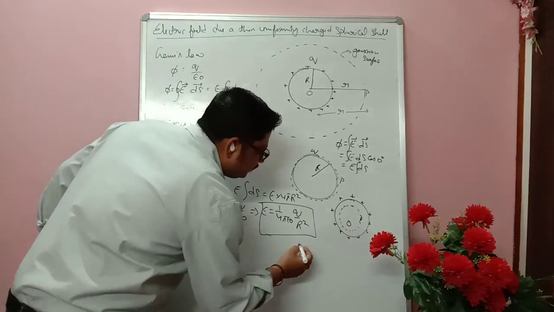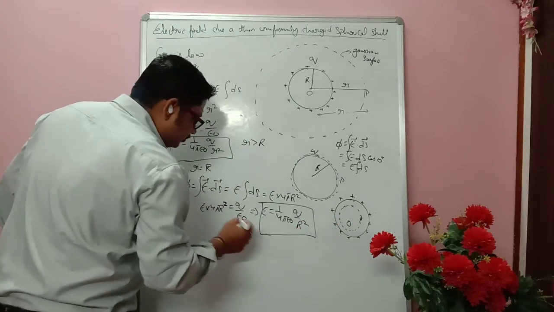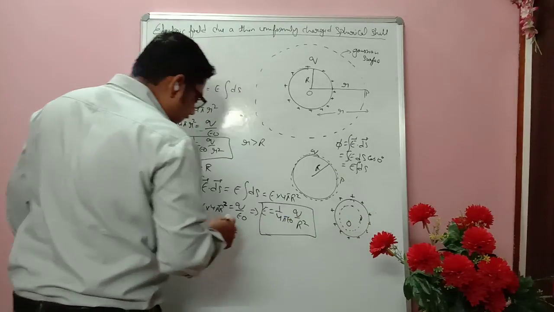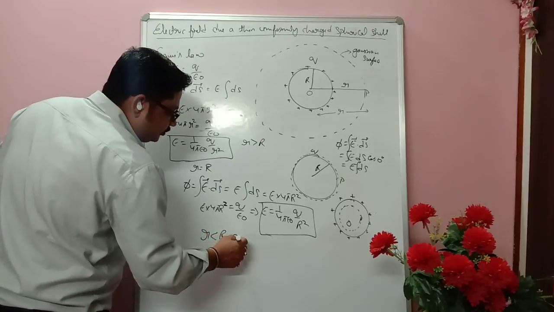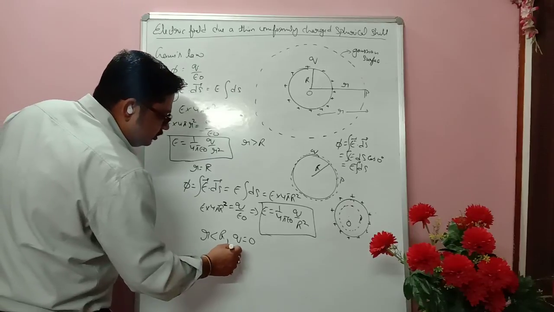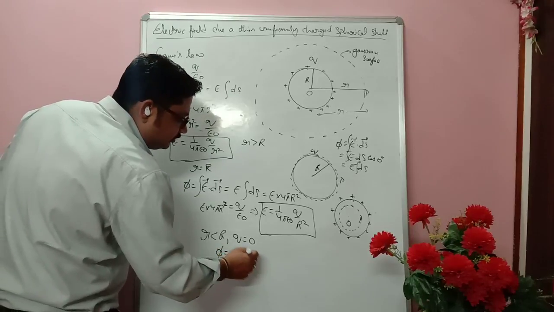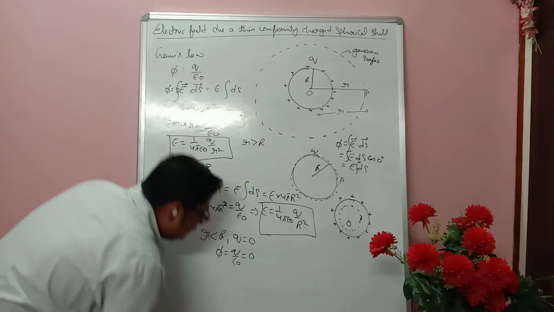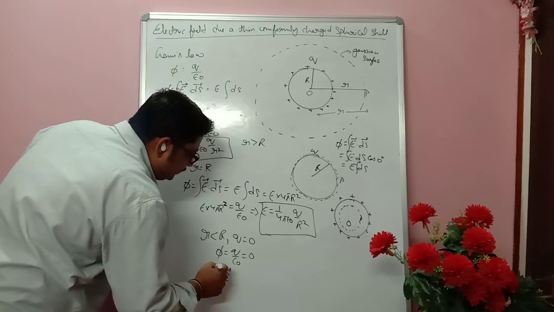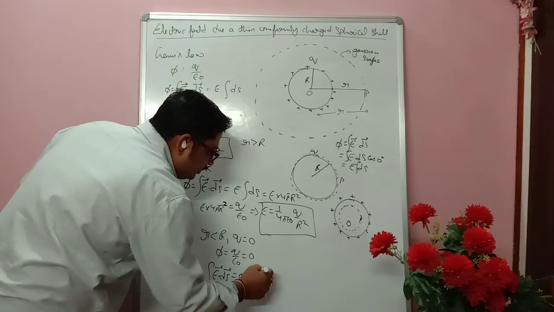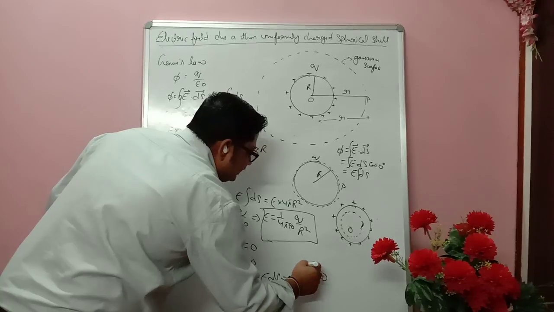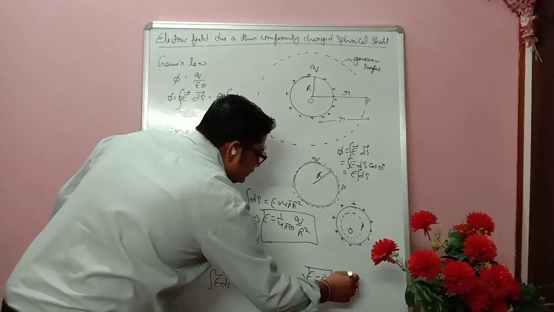So if r is less than capital R, meaning the point P lies inside the shell, the charge Q enclosed by the Gaussian surface is 0. So by the formula phi is equal to Q upon epsilon naught, the flux will be 0. So the integral of E dot ds is 0. So the electric field will be 0 inside the shell for r less than capital R.